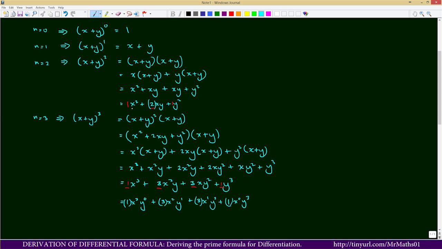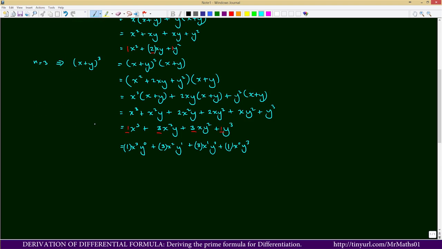The first coefficient is always 1, the second is 2, and the third is 1. In the fourth example, the first coefficient is 1, the second coefficient 3, the third is 3, and the last is 1. As you can see, the first coefficient is always 1 in both the third and fourth examples, and the second coefficient is 2, and that is the same as the value of n, the power of the binomial. Likewise, in the fourth example, the coefficient 3 is equal to the power of the binomial.